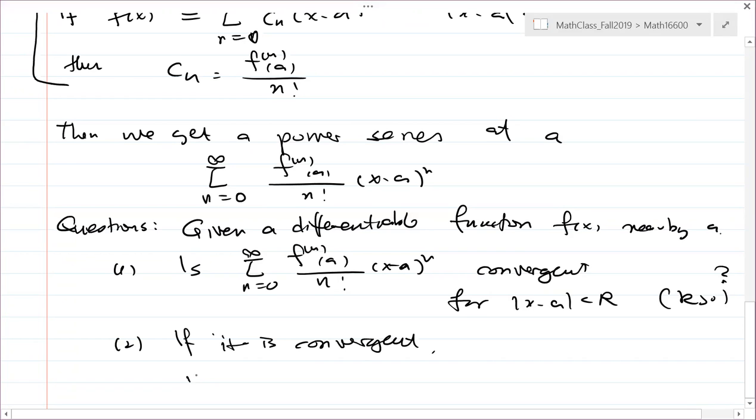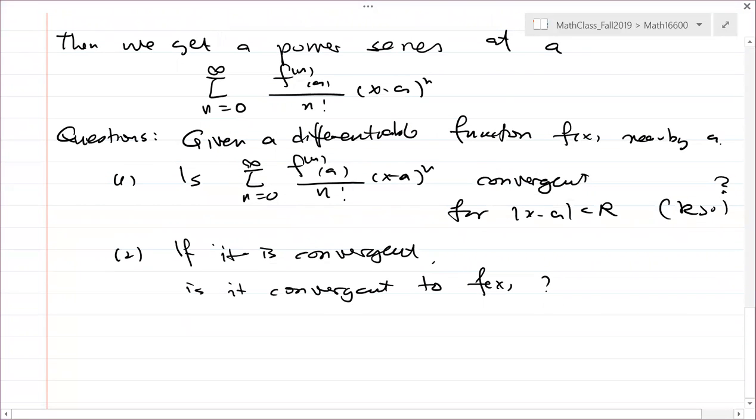Is it convergent to f of x? Maybe. You can't just say it must be convergent to f of x. No, you have to prove it. Only when it converges to f of x on the interval (a minus r, a plus r) can you say you found the power series representation of the function.